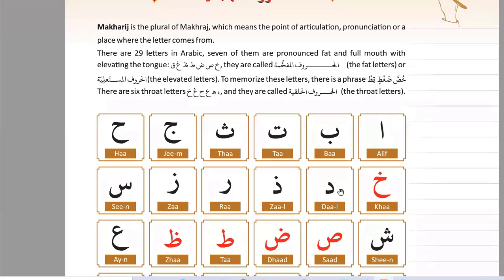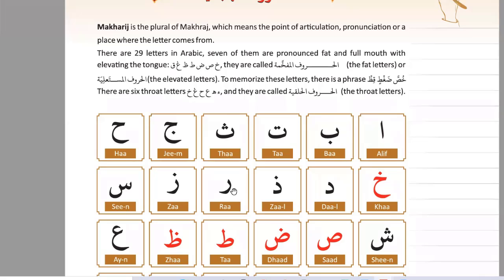Then Dal. It's a Pac-Man face, right? Dal is a Pac-Man face. This is a soft letter, a tongue letter. You have to take out your tongue and touch the edges of your front two teeth, and you pronounce it softly. Dal.